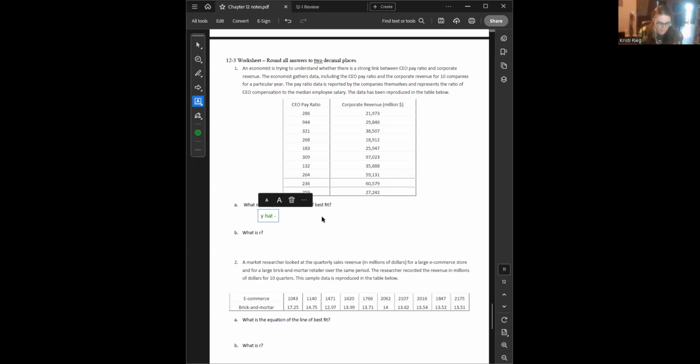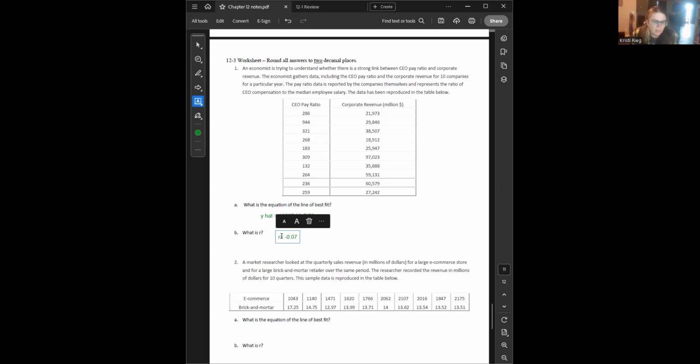So we have y hat equals 43,937.83 minus 7.72x. R equals negative 0.07 to 2 decimal places.